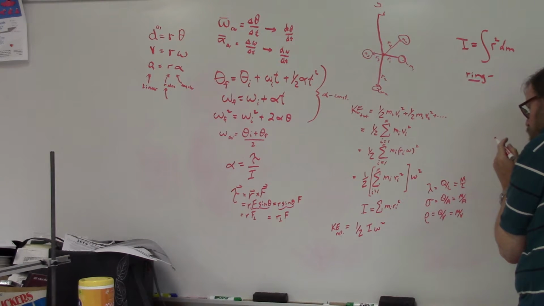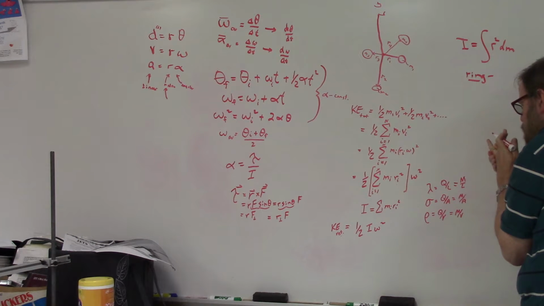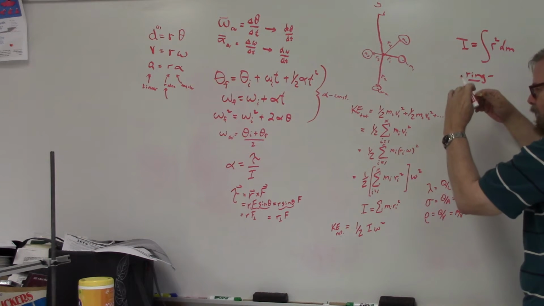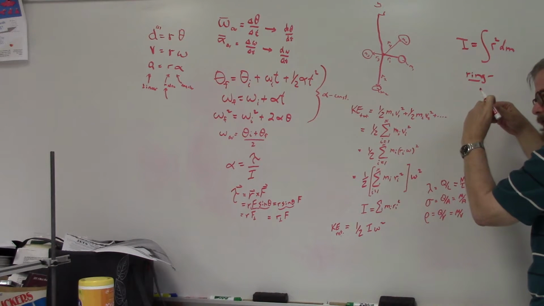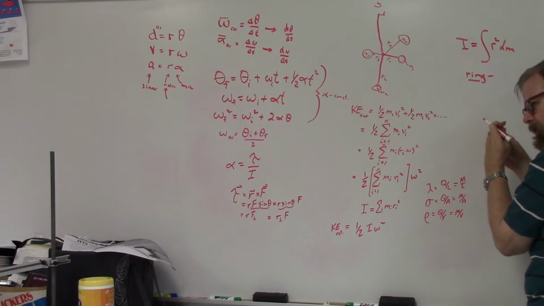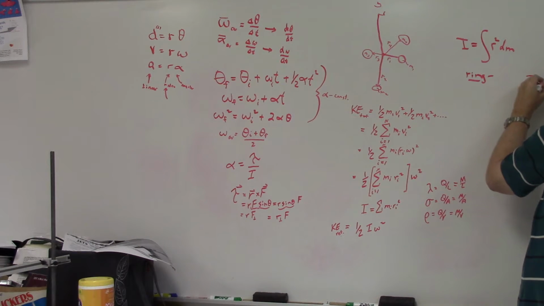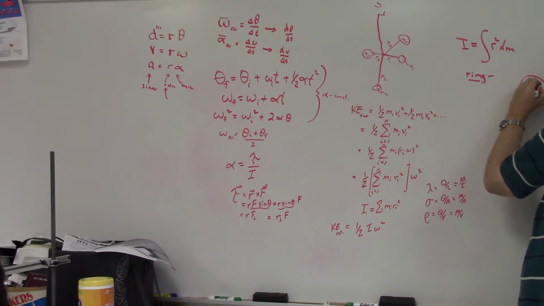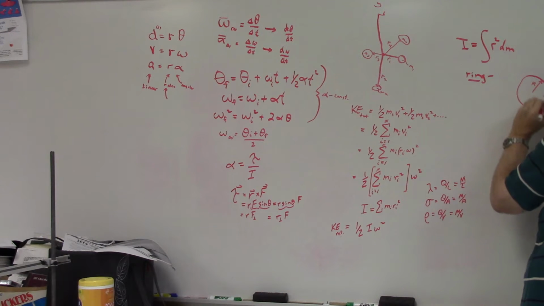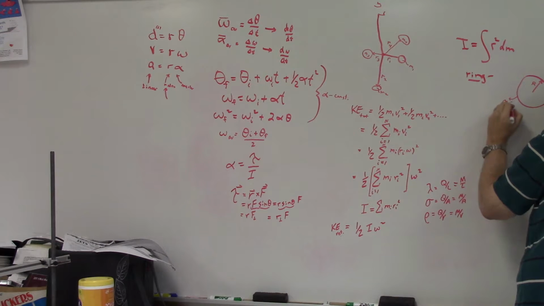This ring has a length to it, a thickness, but an ideal one that we're talking about now would be one that's really, really skinny, so a very thin ring. So if this is your ring, capital R is your radius, and capital M is your total mass, right?